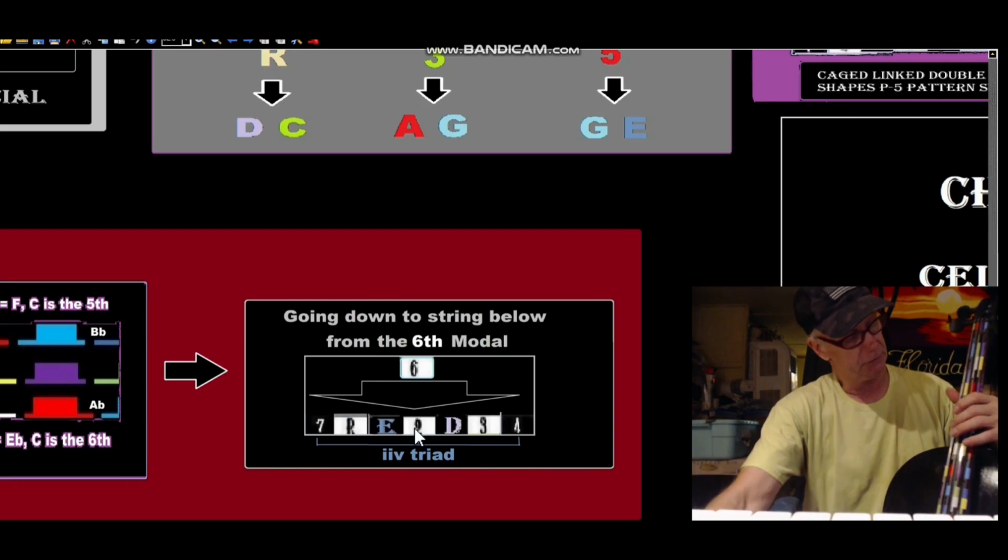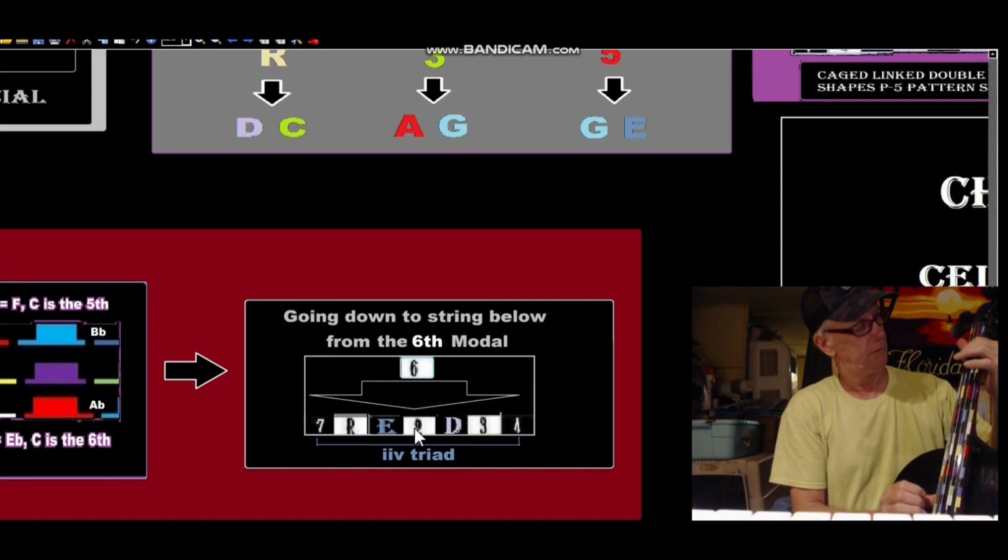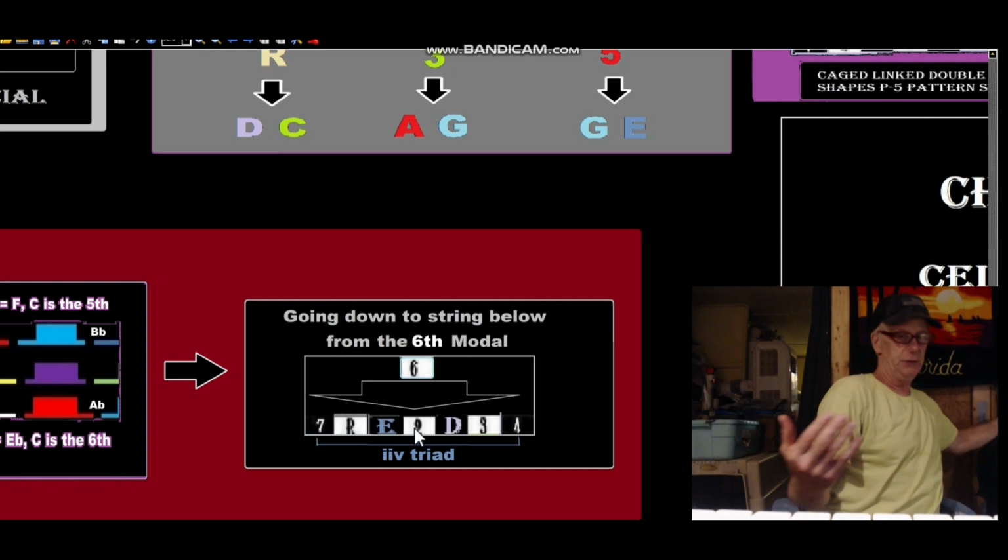So remember, this is the 6 here. There's the 7, which is a whole step. It's just a coincidence. It's 2 different modes, so there's no reason to memorize it that way.